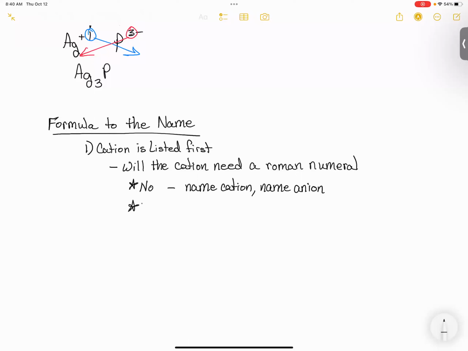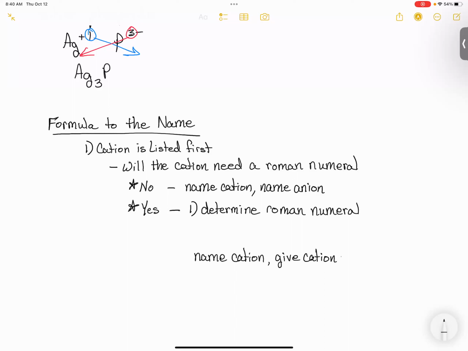But if you answer yes, then the first thing you got to do is determine the Roman numeral, so that you can name the cation, give the cation's charge as a Roman numeral, and then name the anion.